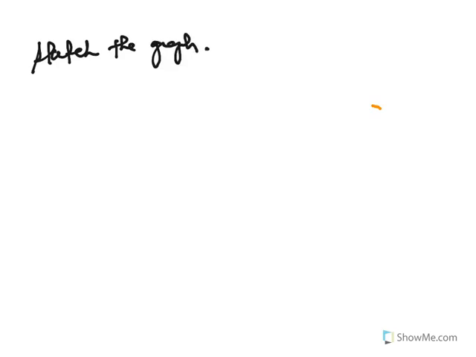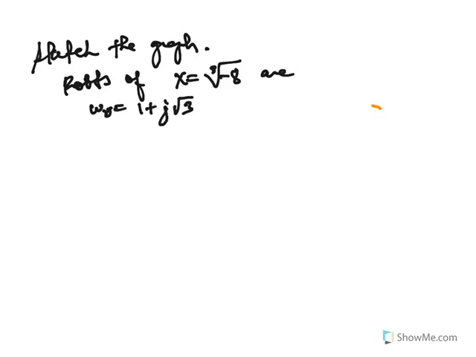So the roots of x equals cube root of negative 8 are omega sub 0 equals 1 plus j square root of 3, omega sub 1 equals negative 2, and omega sub 2 equals 1 minus j square root of 3.